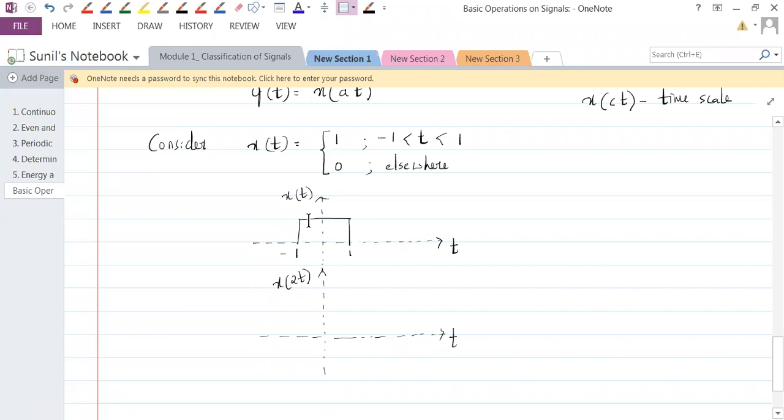So what should happen to the signal? Can anybody comment on that? Listen to me everybody. This is x(t), which extends from -1 to 1. Now, if I do x(2t), if I multiply t by 2, what would happen to the signal? Can you comment on that?